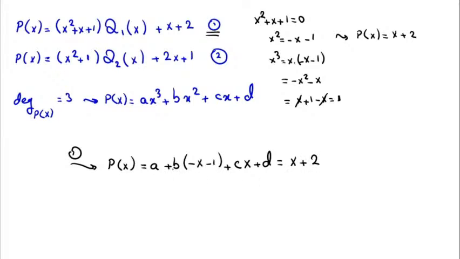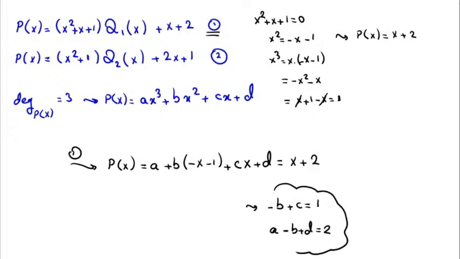Now here, the coefficient of x on the left-hand side is negative b plus c equal to 1. And the constant term, it will be a minus b plus d equal to 2. Okay, we have these terms.